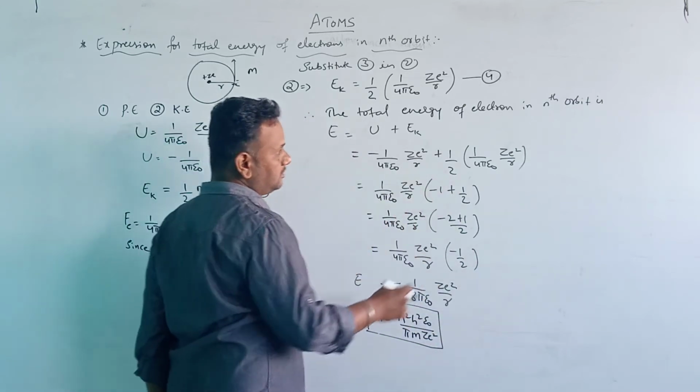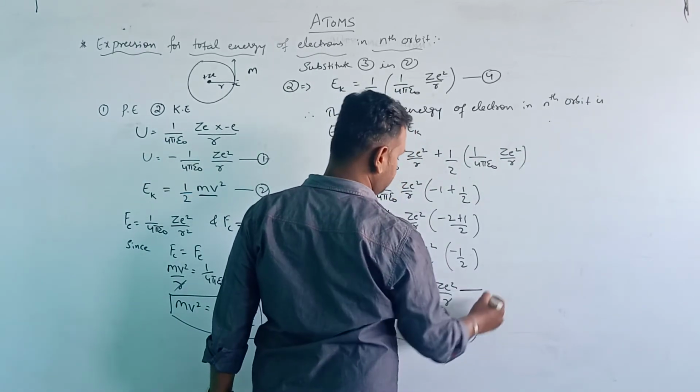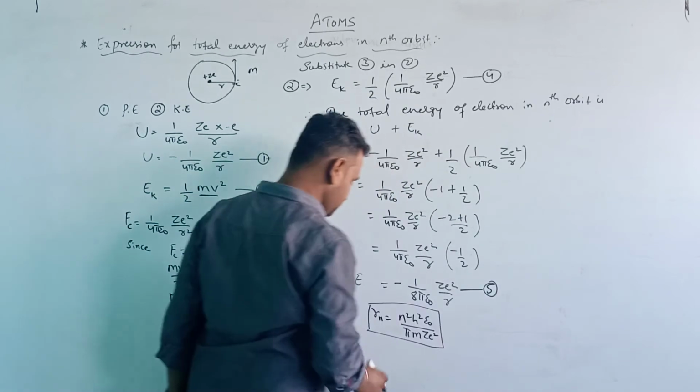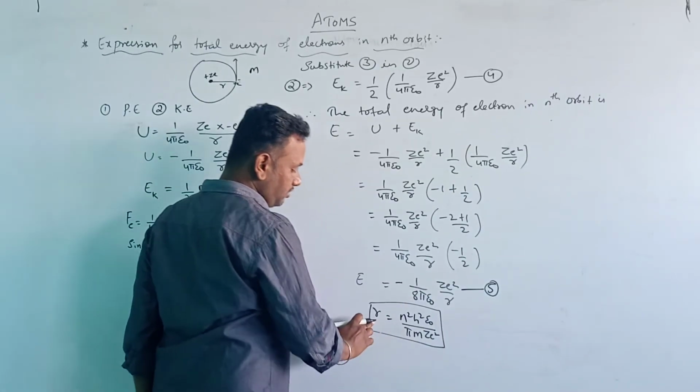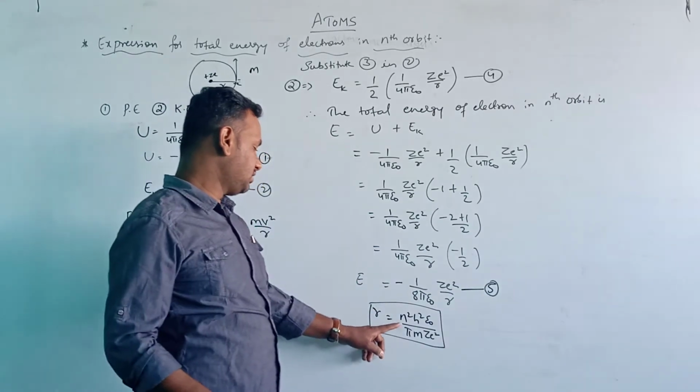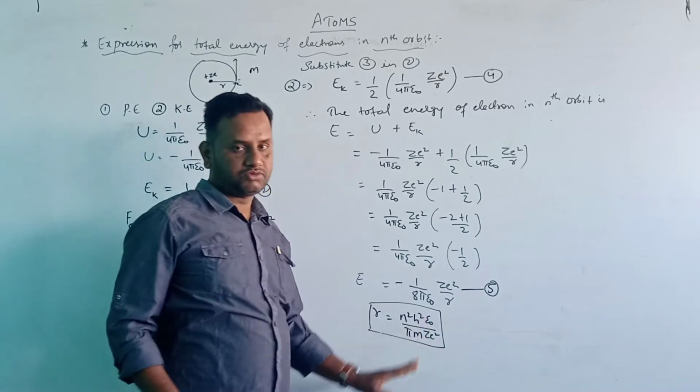Then you will be getting E is equal to, take this as equation number 5. If you are getting confusion, take it that this is R only. For the nth orbit, the radius is given by R is equal to n square h square epsilon naught divided by pi m Z square.